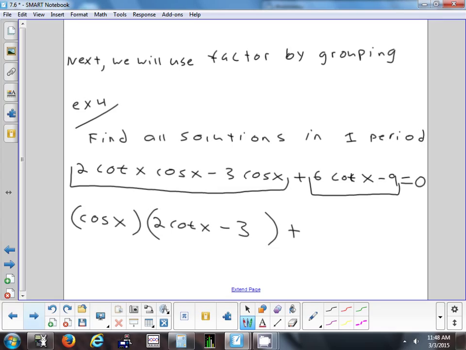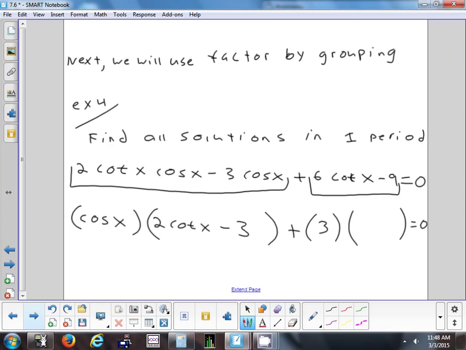Now let's look at the second 2. Emily, what do the second 2 have in common? They have a 3. Yeah, we can factor out a 3.